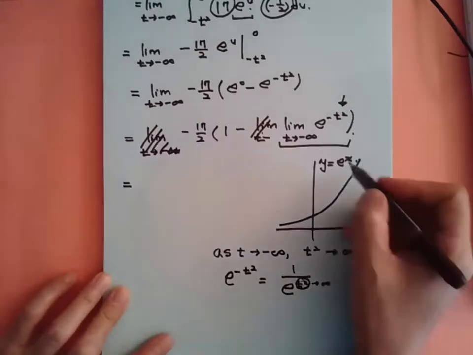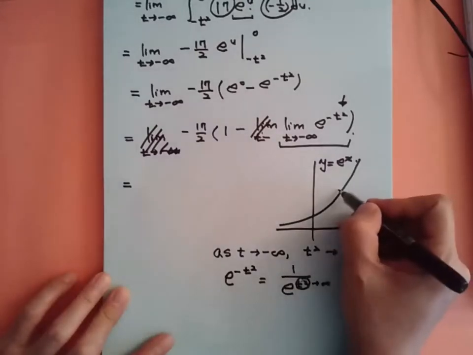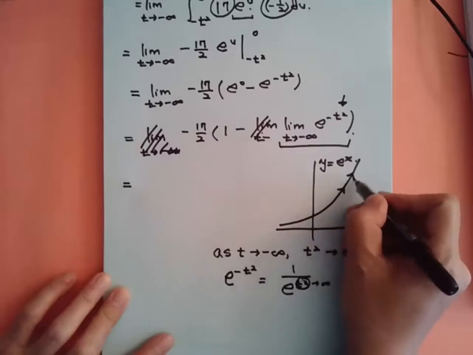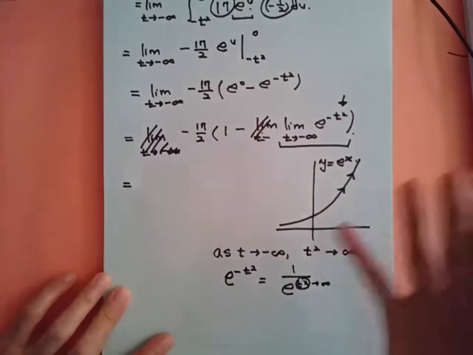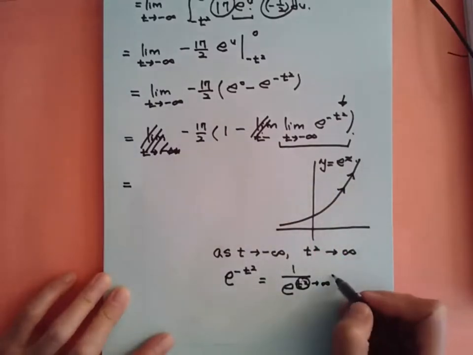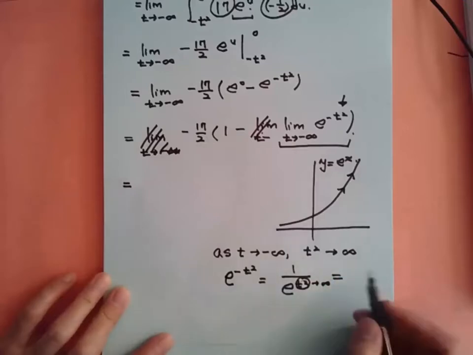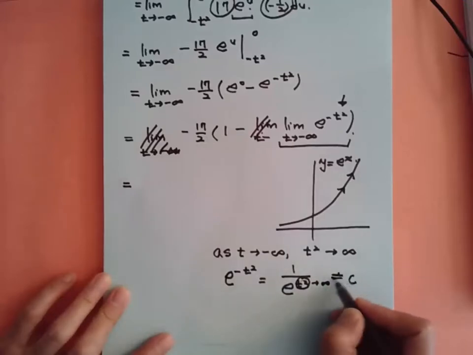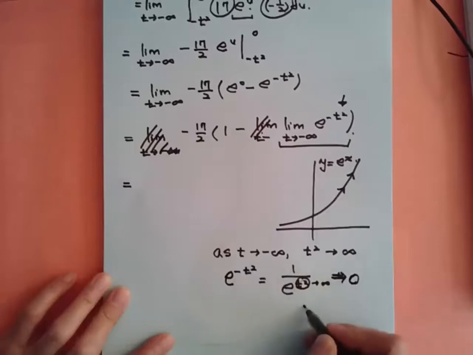If you follow the graph, it goes up forever. So 1 over something will get smaller and smaller and will go to 0.